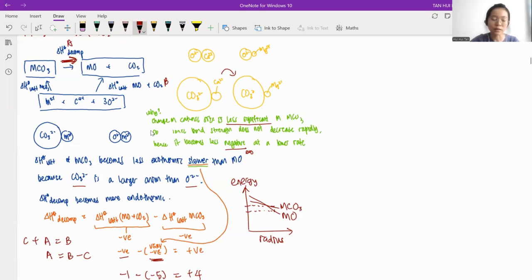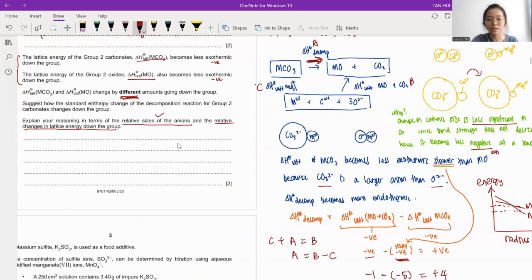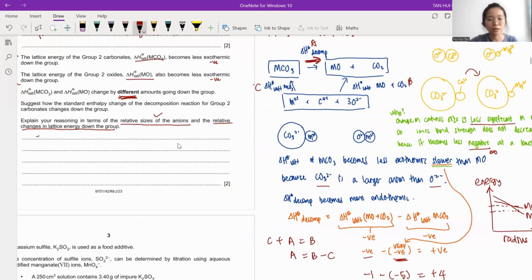That's why your enthalpy change of decomposition becomes more endothermic. So your answer should write about your MCO3. Sorry, it's your relative sizes of anions. So just mention that CO3 2 minus has a larger anionic radius than O2 minus.